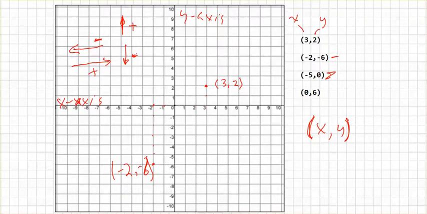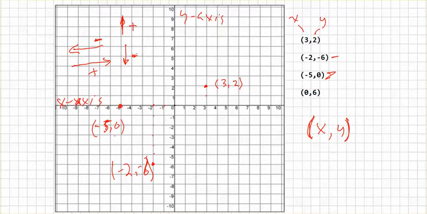So we'll start again from the origin, and we'll move to the -5. So 1, 2, 3, 4, 5. So it is important, even having done this for a number of years, to make sure that you do go in the right direction. So this would be -5, 0.